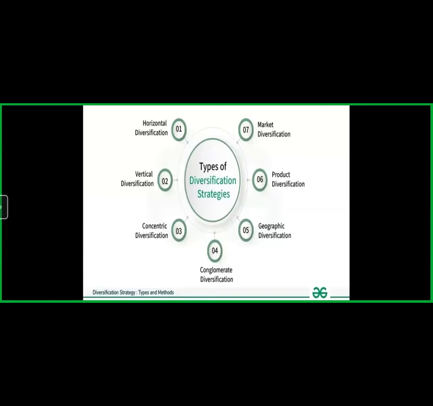Then they entered bottled water, and again they enjoyed a very good position in that market. They entered juices also. So that is called market diversification. These are some of the types of diversification strategy.